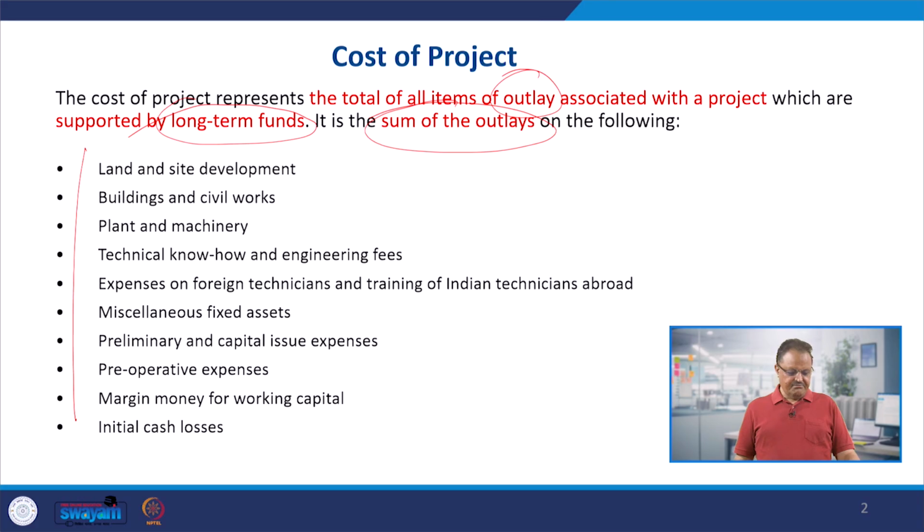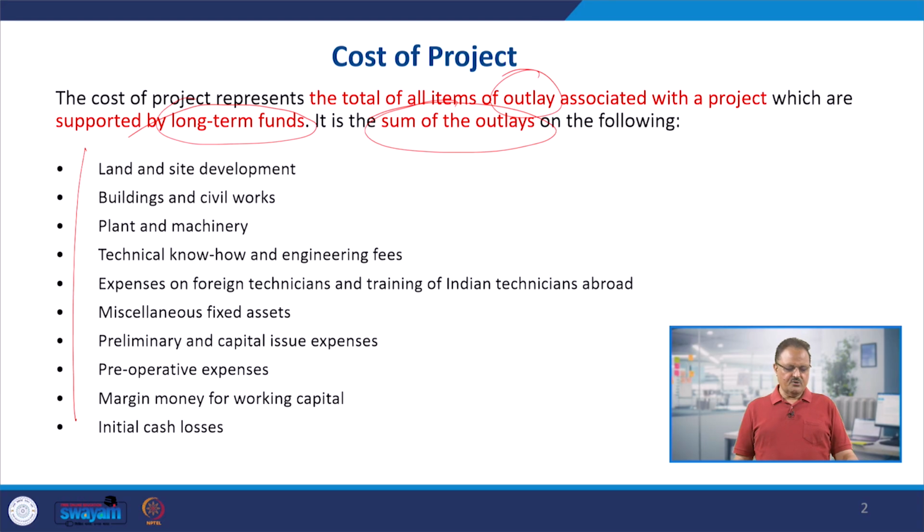So under financial estimation projections, we will have to have a very clear idea of how much land we require, what is the cost of that land, what size of buildings are required, how much plant and machinery expenses there are going to be, how much technology expenses, how much expense is required on training of the human resources, how much is required for miscellaneous fixed assets and preliminary expenses, pre-operative expenses, margin money for the working capital and initial cash losses.